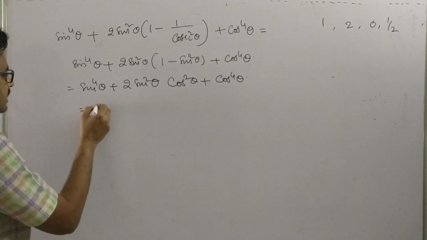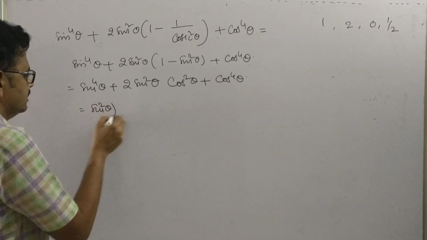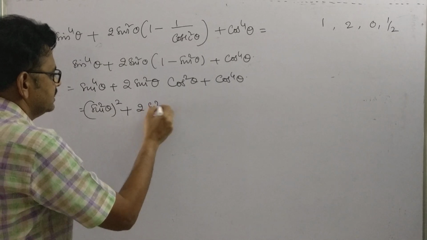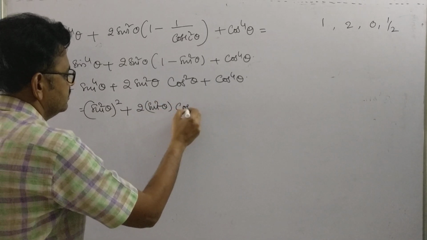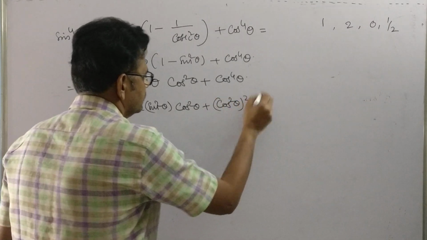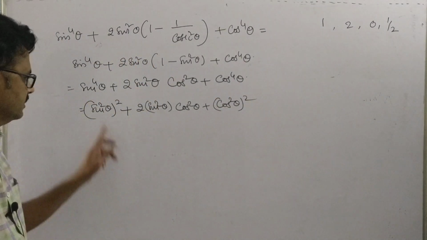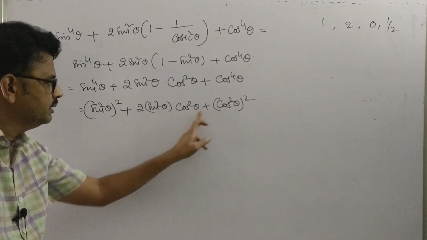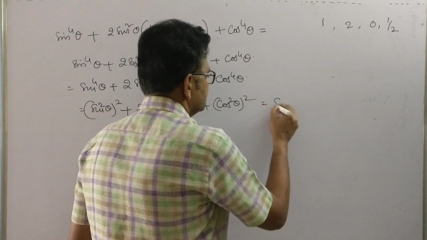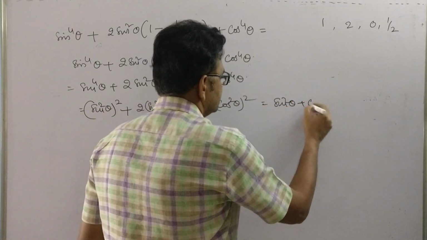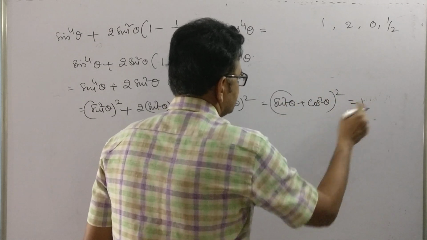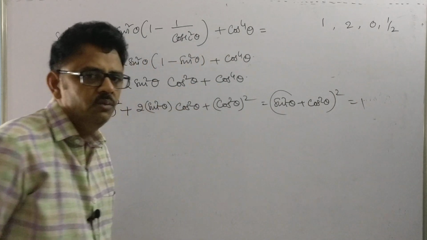That is (sin²θ)² + 2 sin²θ cos²θ + (cos²θ)², which is (a + b)², where a is sin²θ and b is cos²θ. So this is 1 square, and 1 square is 1.